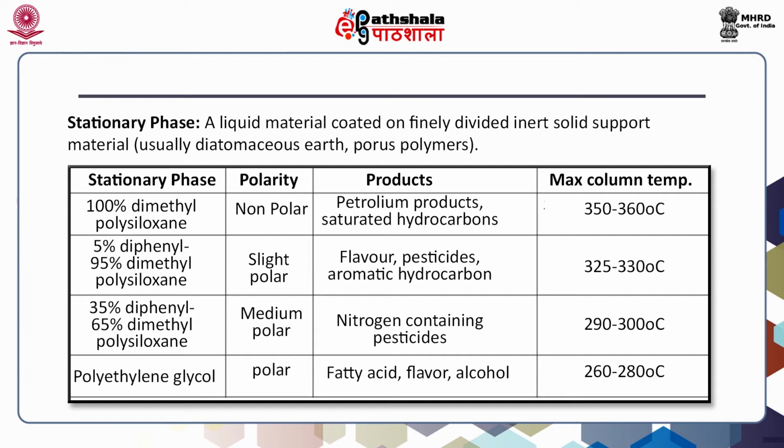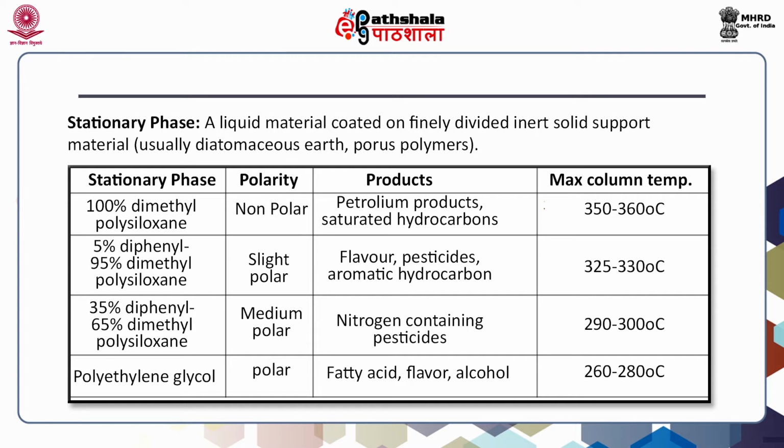From a practical point of view, we can see in this table where the stationary phase has different polarities. It can be completely non-polar, slightly polar, medium polar, polar or highly polar. For example, 100% dimethyl polysiloxane is a non-polar kind of stationary phase and it is preferred for petroleum products and saturated hydrocarbons.